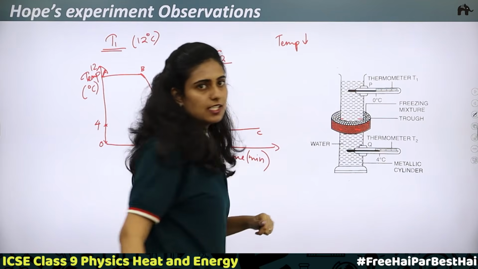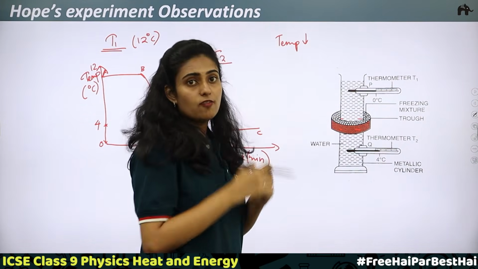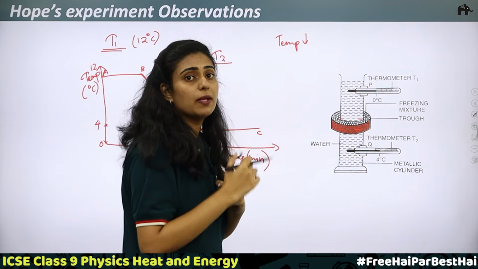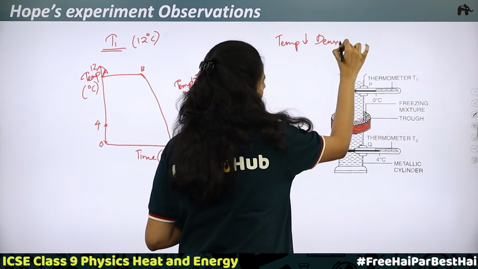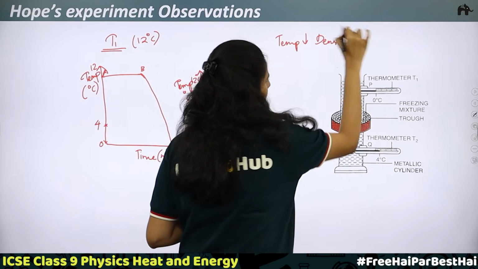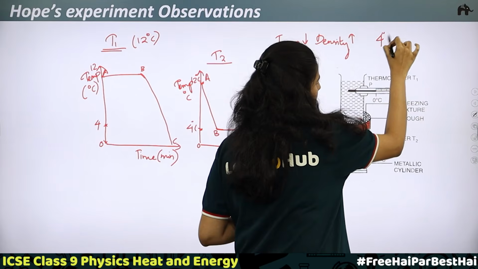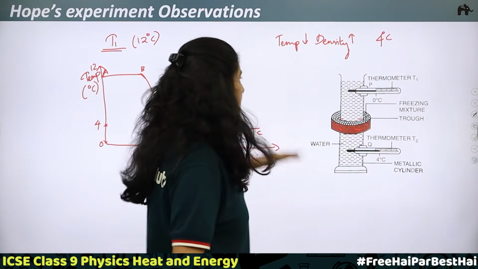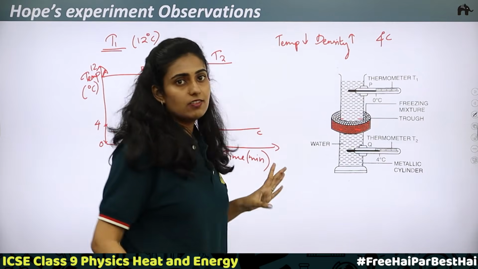When temperature decreases, water contracts. Water contracts means the density increases, till the temperature becomes 4 degrees Celsius.